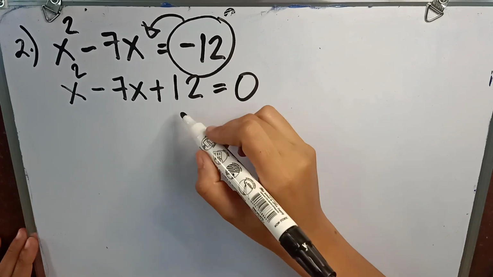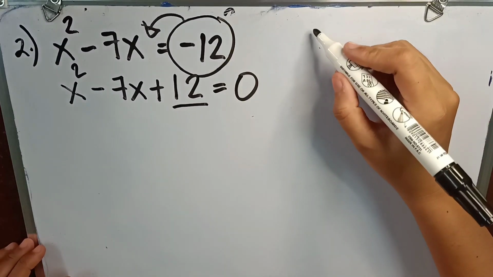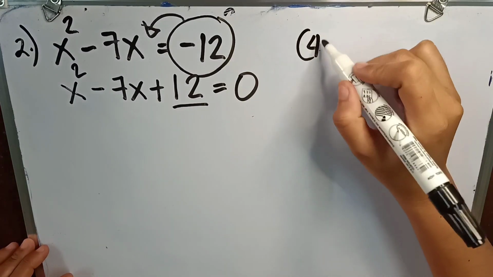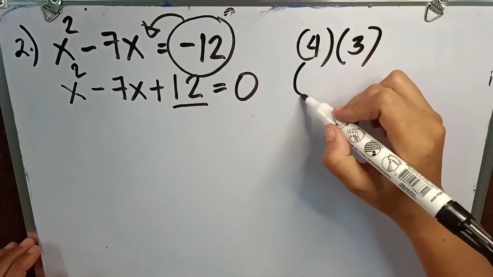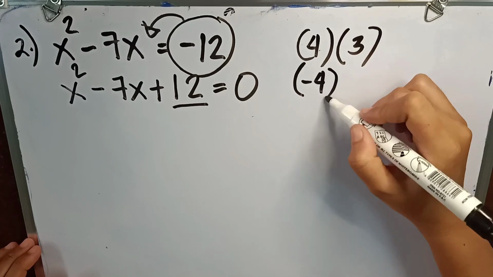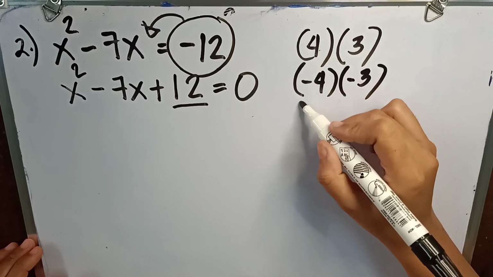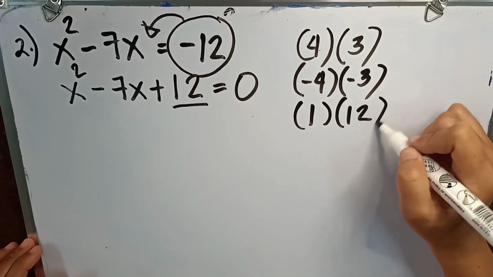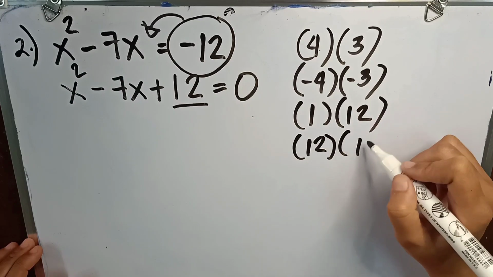Next, we need to get the possible factors of 12. We can list down here the possible factors of 12. So we have 4 times 3, negative 4 times negative 3, 1 times 12, and 12 times 1.